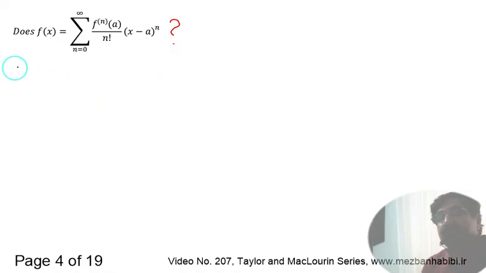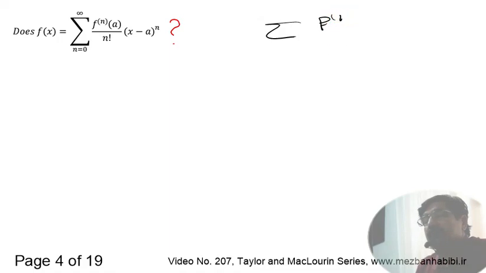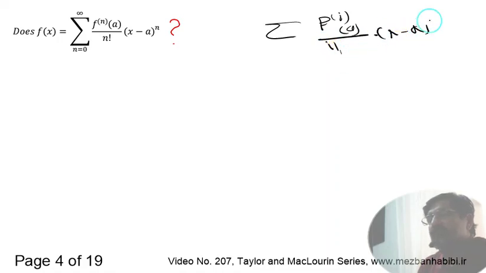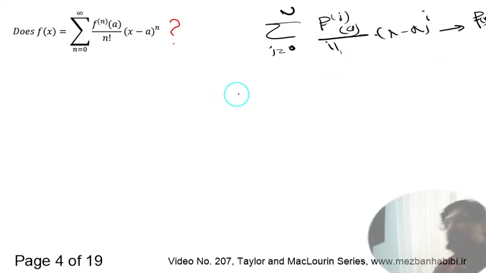For this, we want to figure out whether the sum of the ith derivative of f at a over i factorial times x minus a to the power of i, from 0 to n, goes to f of x.